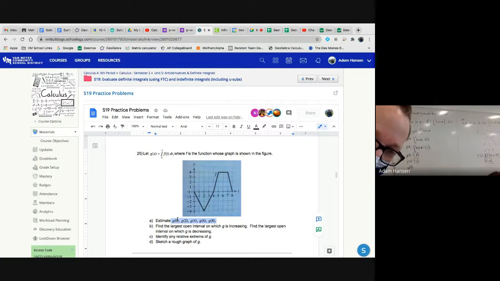Half of 4 is 2 times 8, 16. That's 16 there. The area of this trapezoid would be 16. The height is 4, not 16. 4 and 2 makes 6, so half of 4 is 2 times 6 is 12. I want to say about 12 on that.